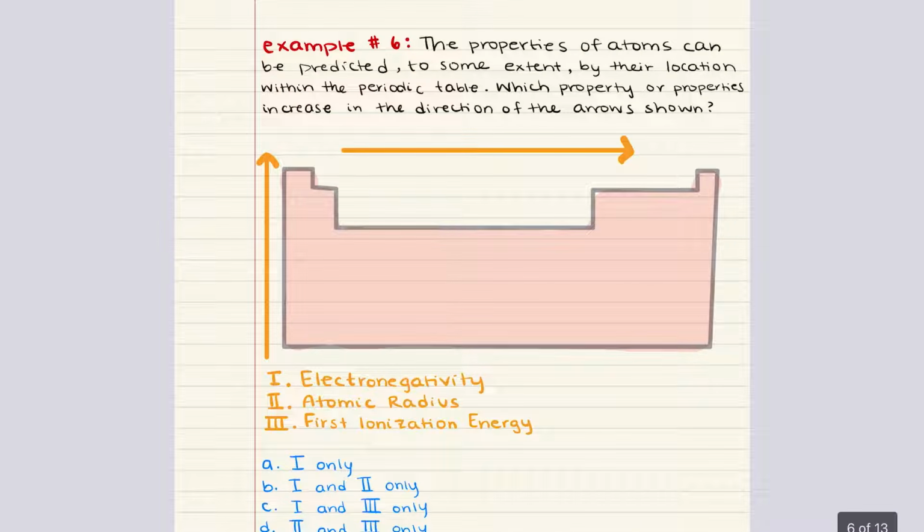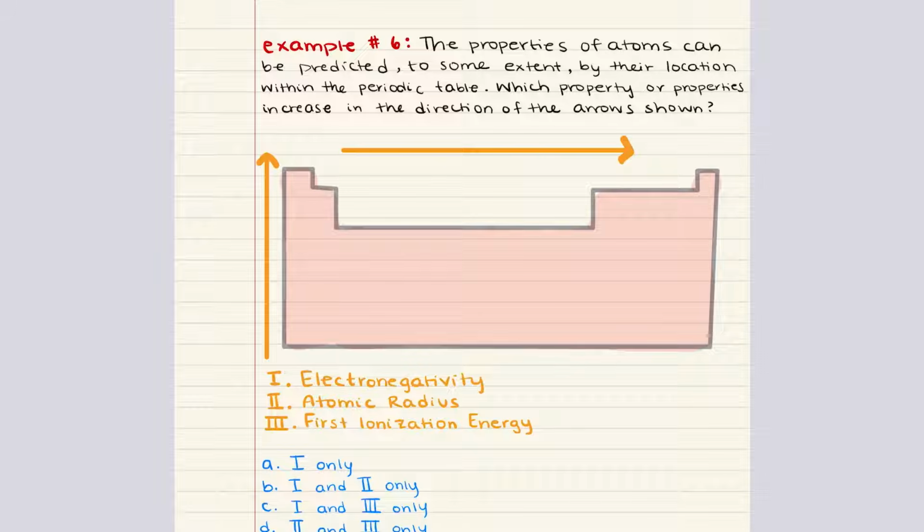Problem 6 says the properties of atoms can be predicted to some extent by their location within the periodic table. Which property or properties increase in the direction of the arrows shown? Electronegativity, atomic radius, and first ionization energy. So let's review these 3 properties first. Electronegativity.